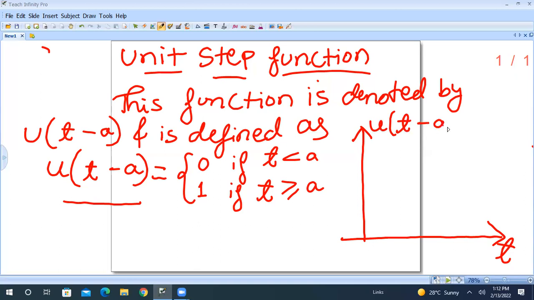By the definition, u of t minus a is equal to 0 if t is less than a.